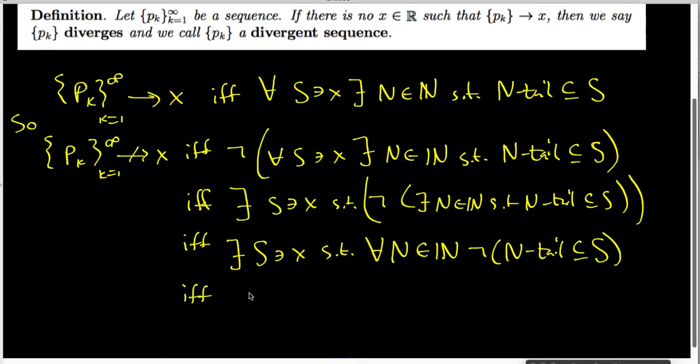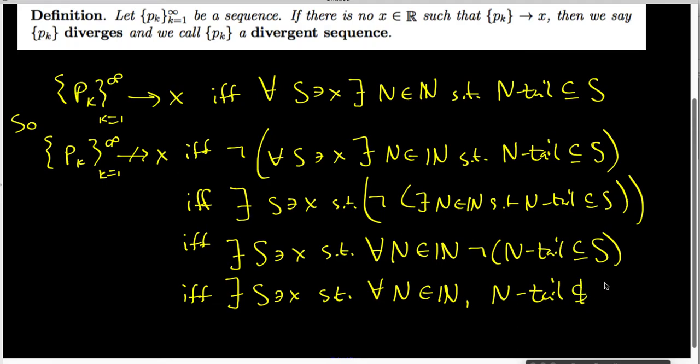And we can finally clean this up and get: there exists an open interval S that contains x such that for all N inside the natural numbers, the N-tail is not a subset of S. So this last statement is what we really mean when we say that a sequence does not converge to x.